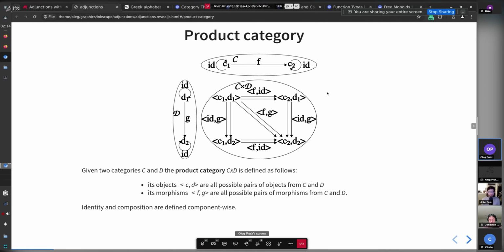You need identities and compositions for the category too, right? So they are defined component-wise. So identity is going to be a pair of identities, and to obtain composition, you construct compositions in the original categories, and their pair is the composition in the product category.